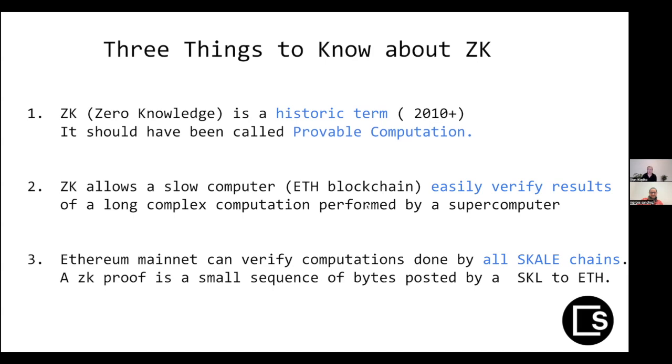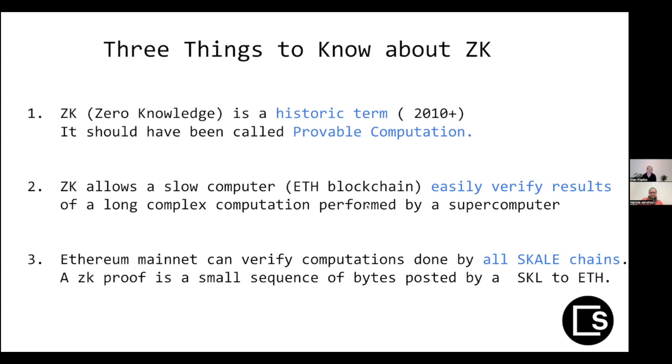But for us, it's more important to have a different example, which is Ethereum mainnet versus SKALE. Ethereum mainnet is very expensive, very slow. SKALE chains are super fast, and there are many of them. But what we want to do is submit a proof of each and every computation that SKALE makes, each and every computation. That's super important. And present a proof of it to Ethereum.